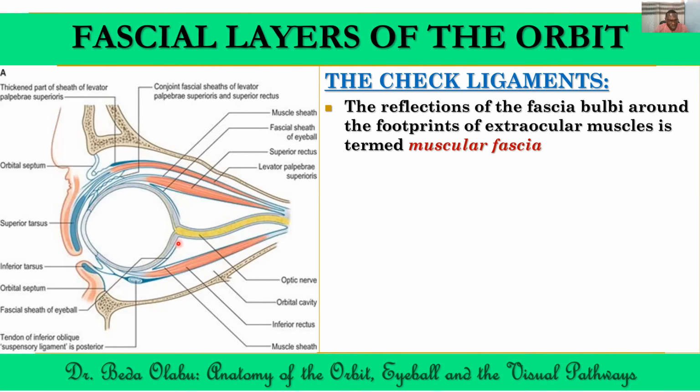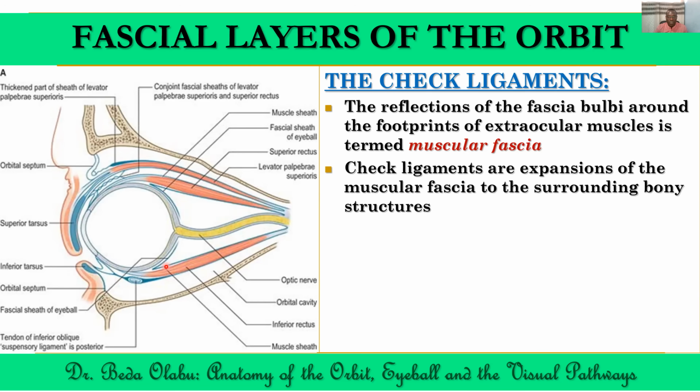And those extensions of the capsule into the muscle, like this one, are what we call the muscular sheaths or muscular fascia. So the muscular fascia that surround the extraocular musculature are generally extensions of the fascia of the eyeball into the muscles.